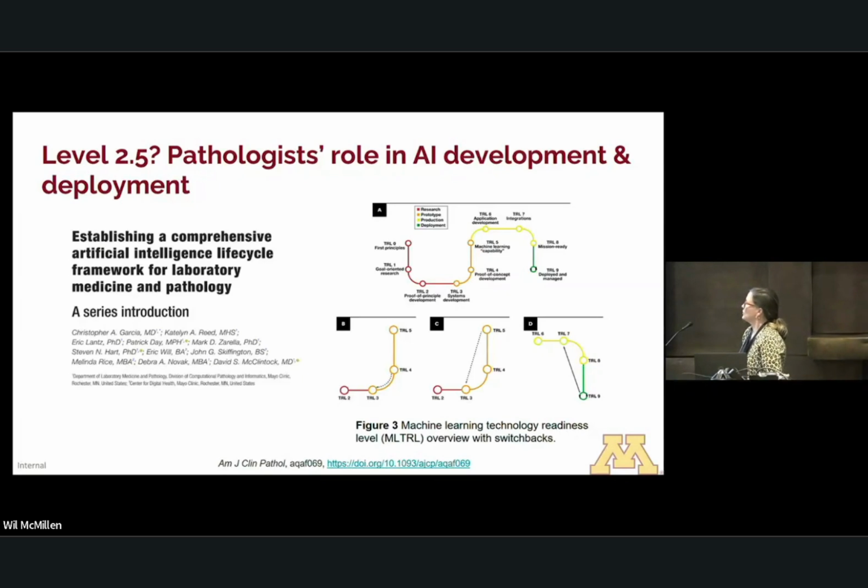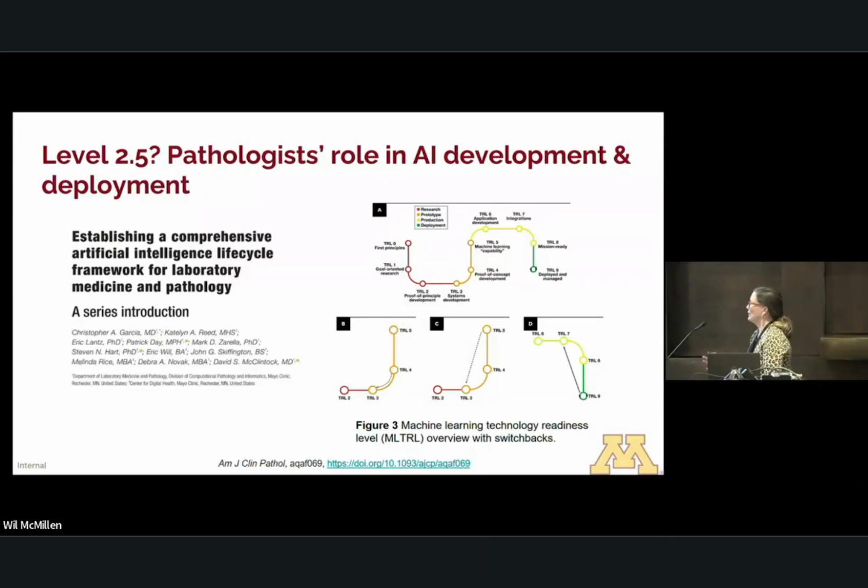I also wanted to use this opportunity to highlight the first in what I am anticipating will be a great series of papers coming from our colleagues at Mayo. This is the first delivery, and it's establishing a comprehensive artificial intelligence lifecycle framework specifically for lab medicine and pathology.